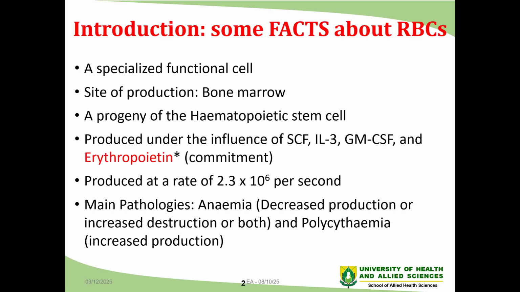So without this erythropoietin, there will be no red cell formation. Now, red cells are so important in their function to the body such that the body produces them at a rate of 2.3 million per second, released from the bone marrow.